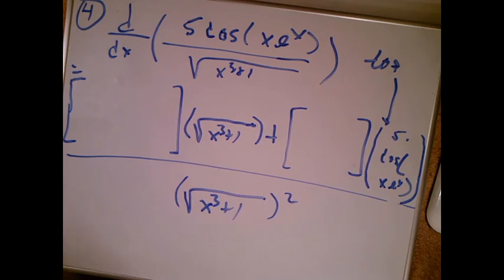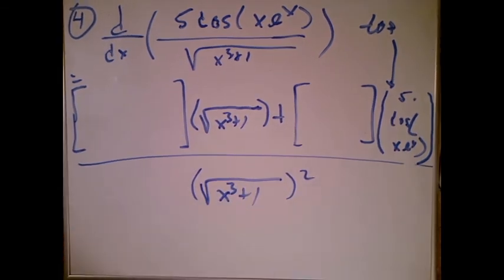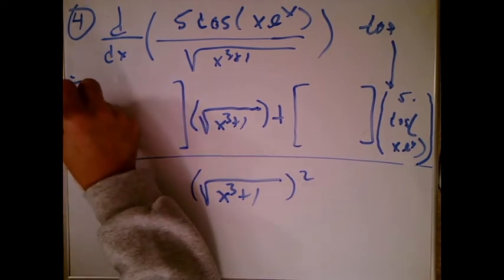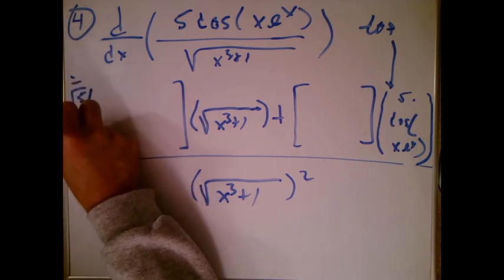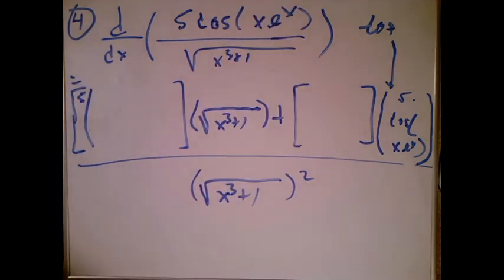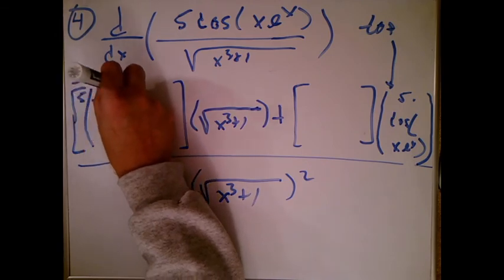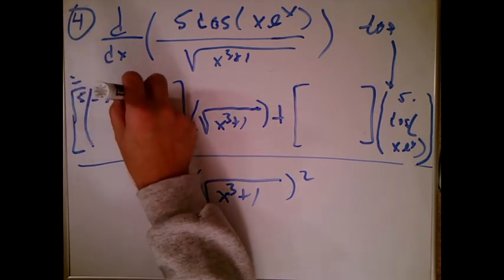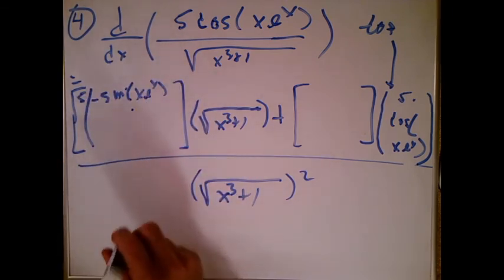All right, here we go. Ready? What goes right here is the derivative of the top. Well, okay, what I see is 5. I'll pull the 5 out. And what I see is cosine of blob. The derivative of cosine of blob is minus sine of blob, so minus sine of blob times the derivative of the blob.